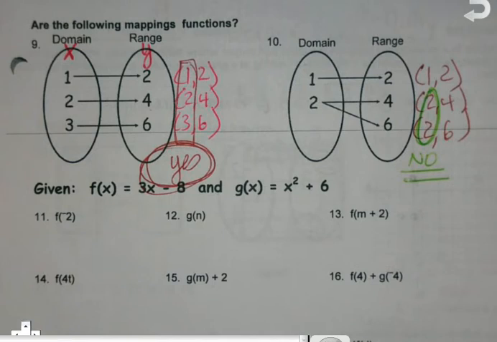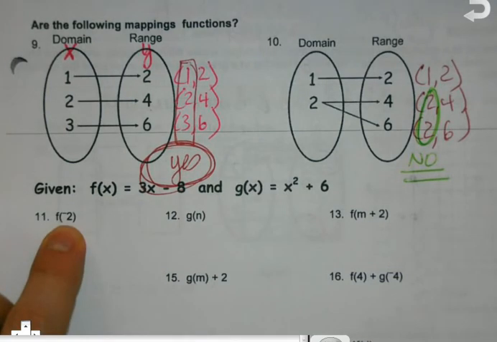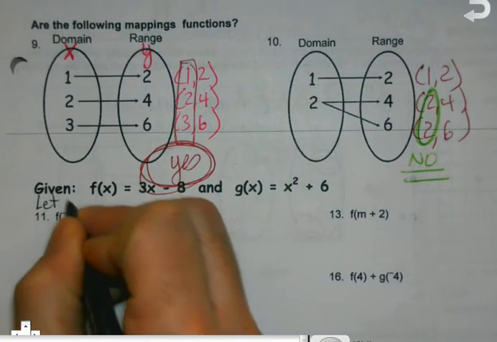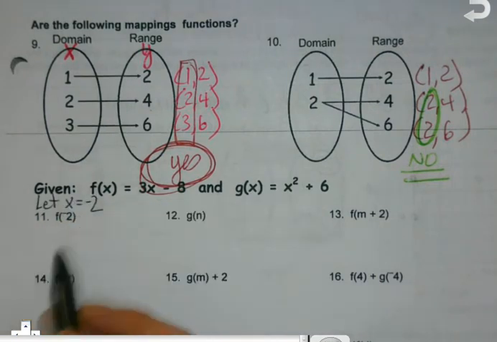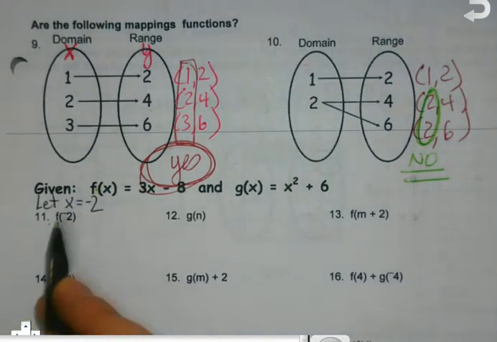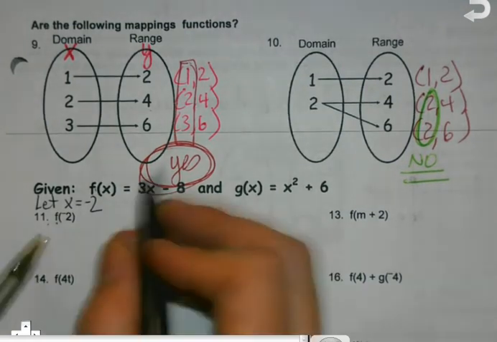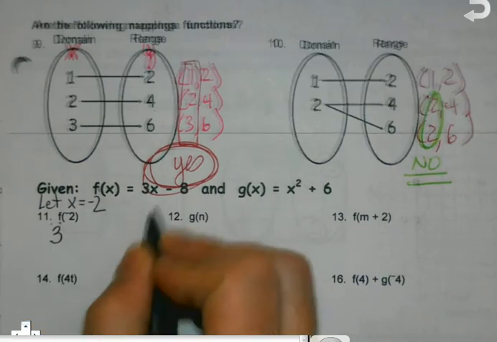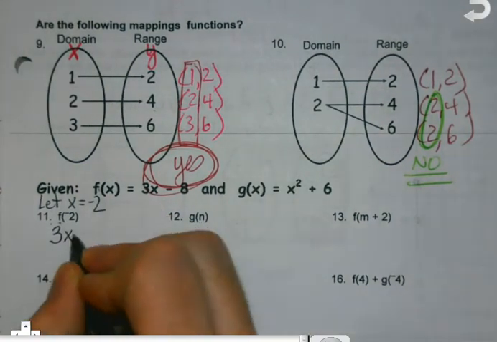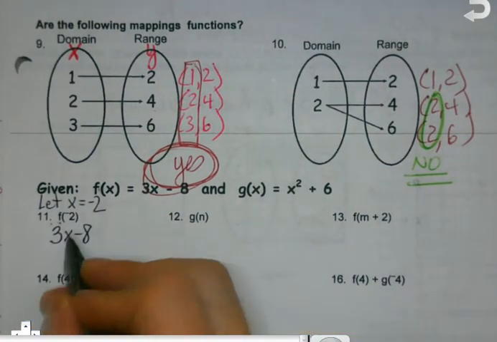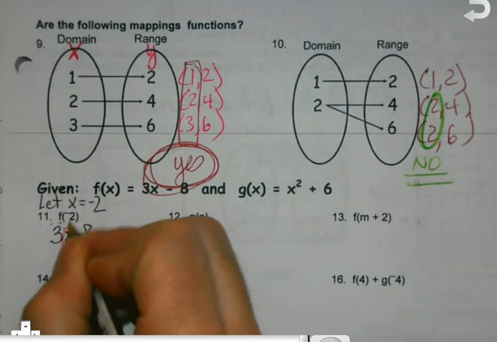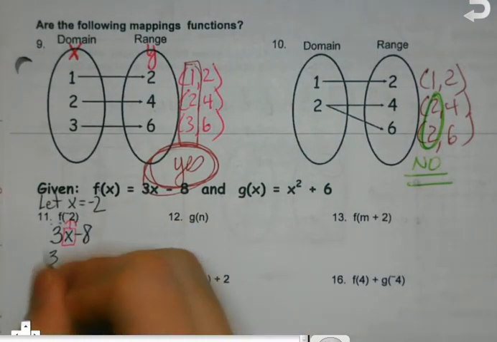Now, this next part, we're basically going to be doing some substitution. So here's how these go. Whatever number is in the parentheses gets substituted in. So this is like saying, let x equal -2, and the letter in front tells me which expression to plug it into. So here, f of -2 means I take 3x minus 8, the expression that's there, but I'm going to replace the x with the number that's in parentheses.